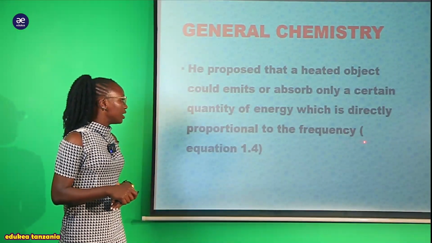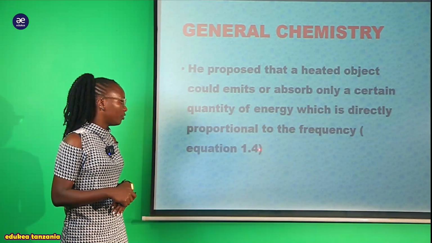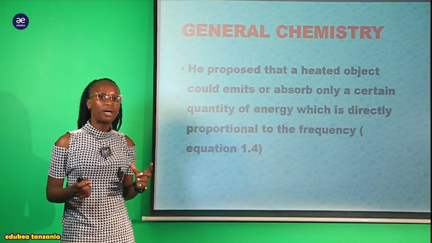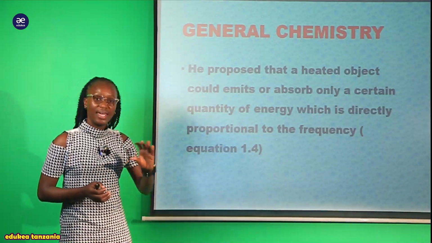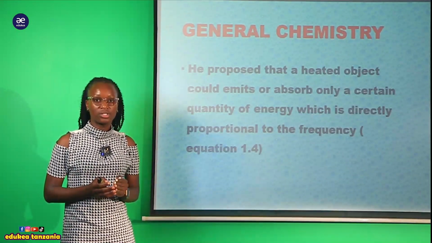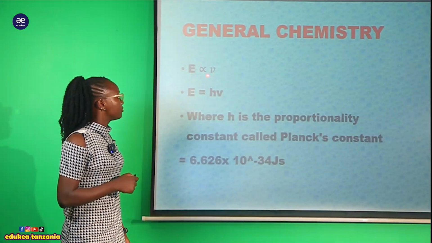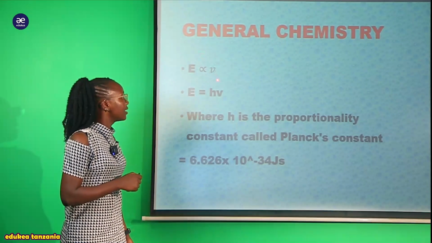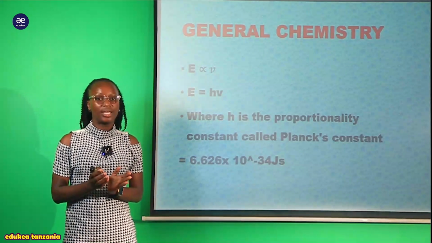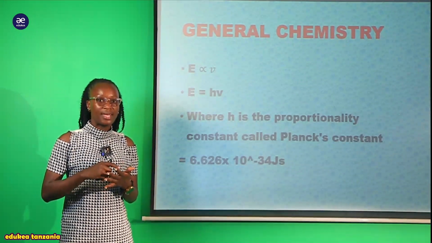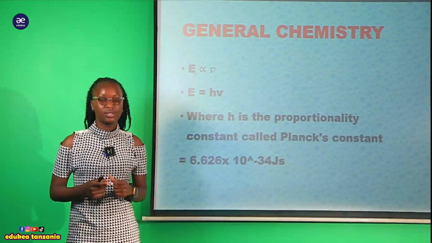So this equation was shown in equation number 1.4 ambapo aliona kwamba kunakuwa na direct proportion between the energy and the frequency of the light. So this equation is as follows. As you see, energy is directly proportional to this symbol, which is like V, lakini unaiandika katika namna ya italic fulani. So this represents the frequency.